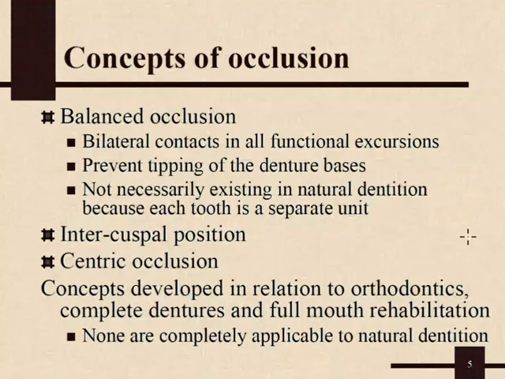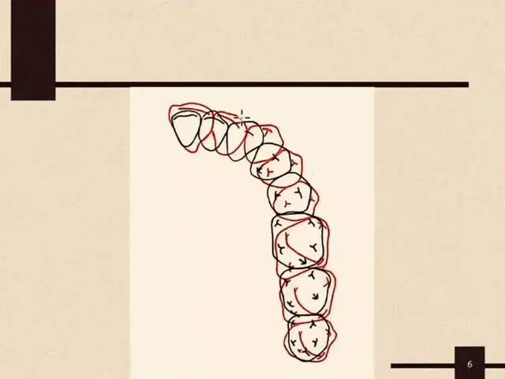Balanced occlusion: this is the occlusion in which balanced and equal contacts are maintained throughout the arch during the movement of the mandible. This is called a balanced occlusion. This is, for example, a balanced occlusion.